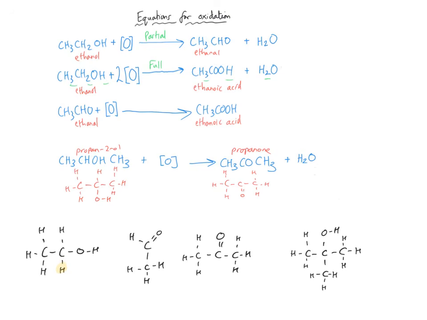And to do that we need to remove one of these hydrogen atoms on here, because what's going to happen is we're going to form a double bond to that oxygen, and we're in fact going to remove this hydrogen atom as well. And so we need to have removable hydrogen atoms, not just on the alcohol, because there's always one on the alcohol, but on the carbon atom that the alcohol is attached to.